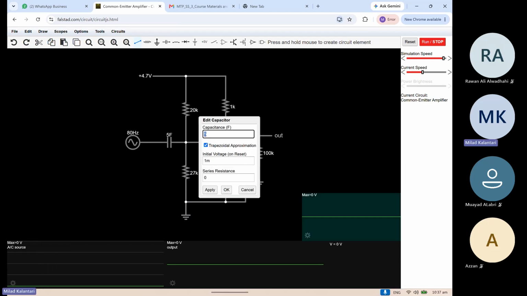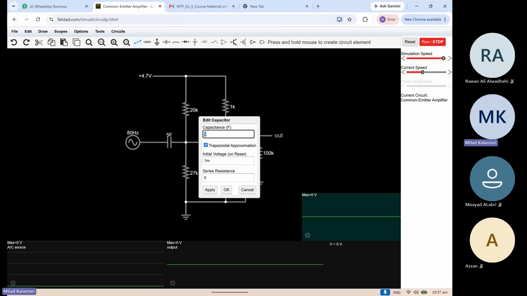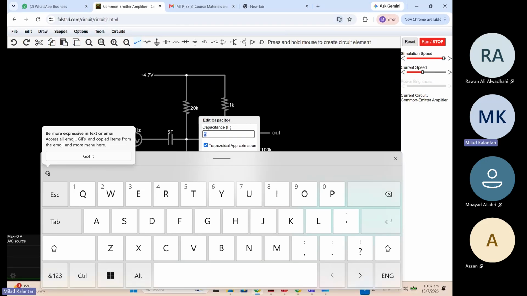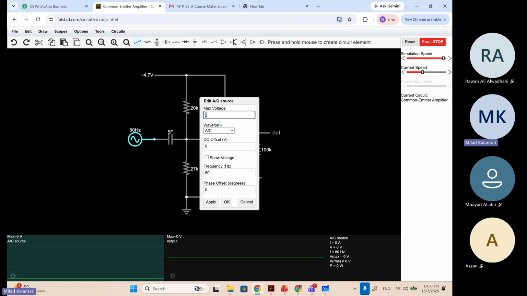Set the cap. Yes, I need to bring the mouse. So I put this as a 1 millivolt AC source.